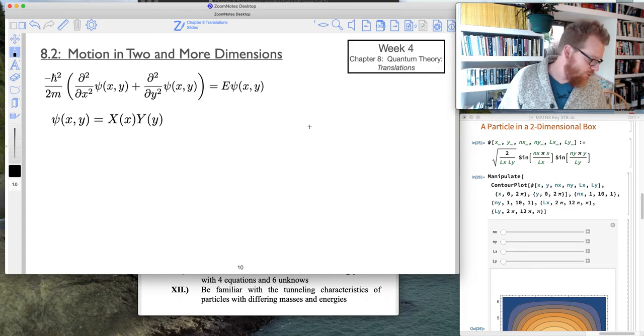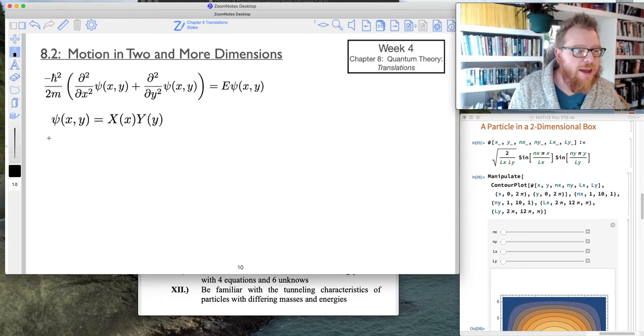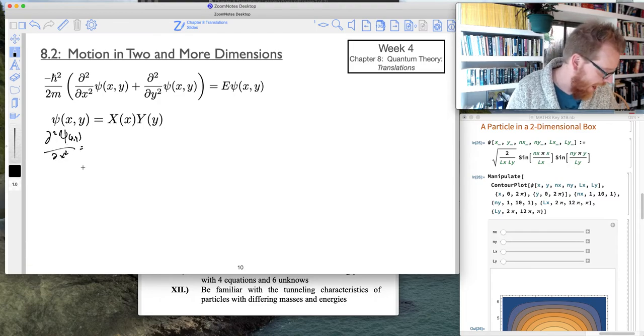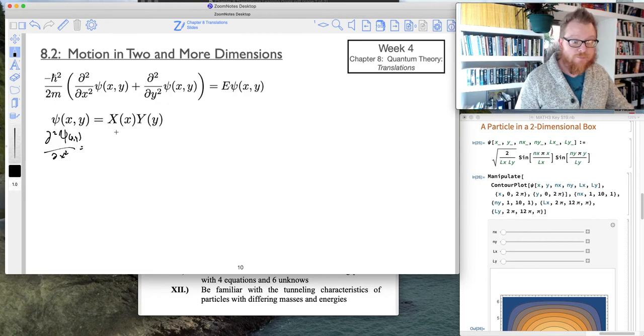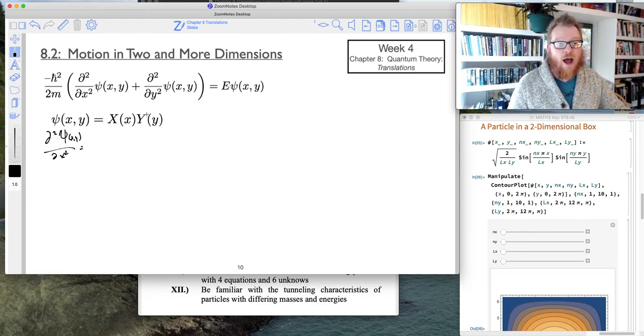So what I can do now, I want to establish this as the following, and recognizing in my partial derivatives here, if I take the partial of psi of xy with respect to x, then I know that now this function Y becomes a constant, so I can take that out in front. It doesn't depend on the derivative of x, okay?